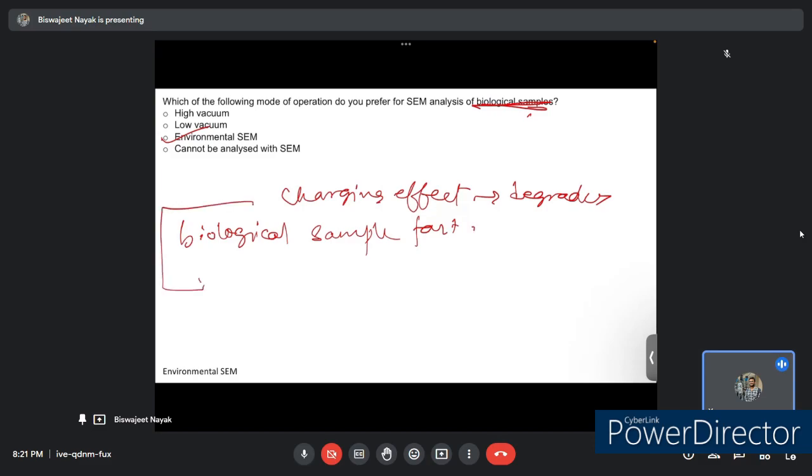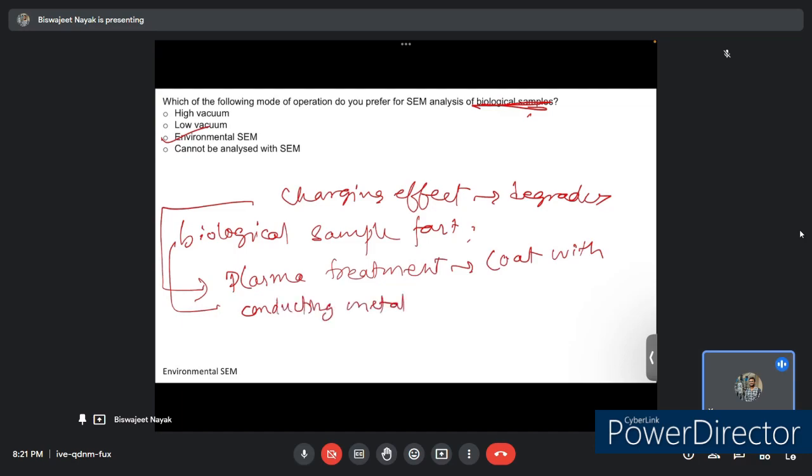For biological samples we do plasma treatment for SEM analysis and coat with conducting metal so that we can do SEM analysis.